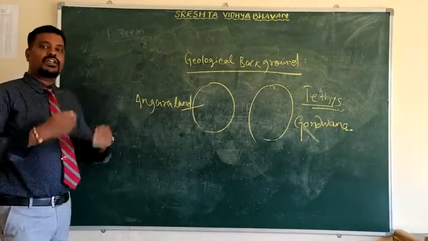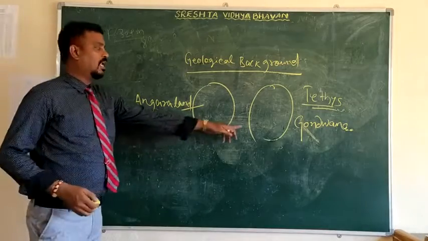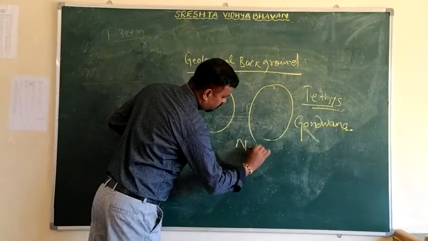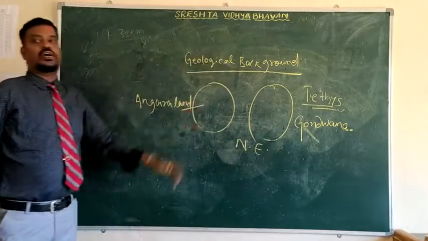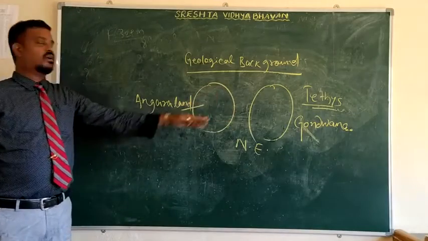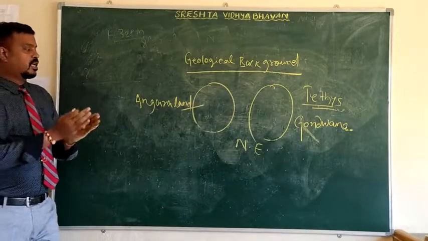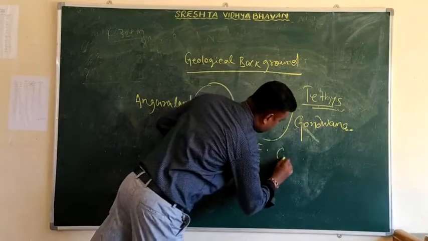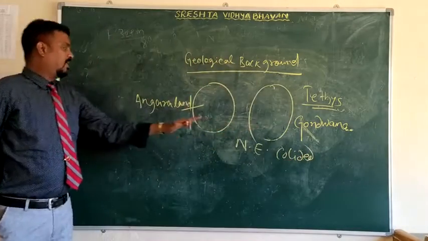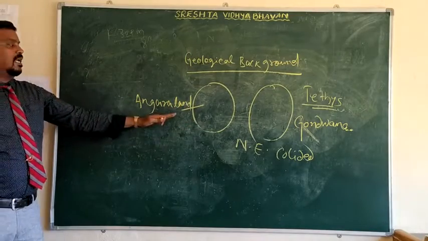Due to the movement of the plates, the Gondwana land moved to the northeast part, and the Gondwana land collided with Angara land. Collided means the Gondwana land crashed into the Angara land.